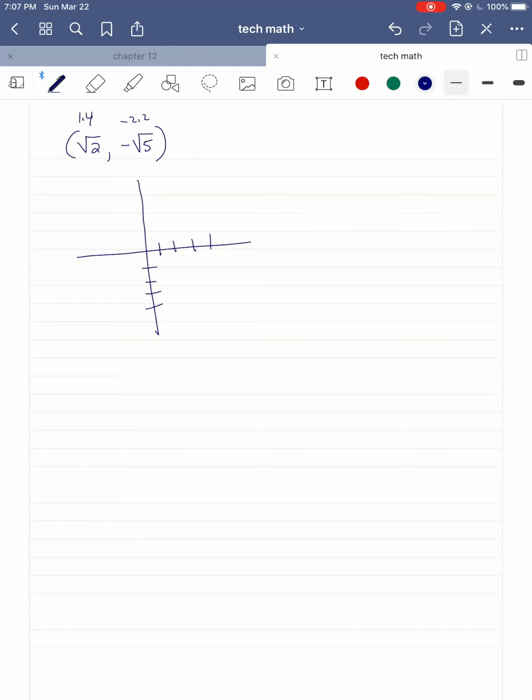So let me make this bigger so that we won't be so much over there. Let me just make the axes bigger. So let's say I am approximately here, in the third quadrant or fourth quadrant.